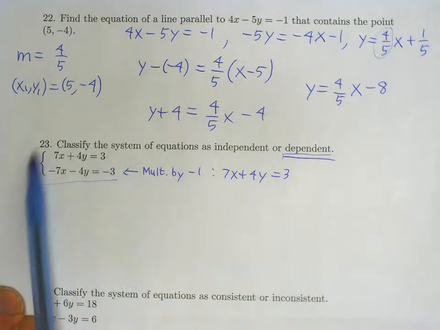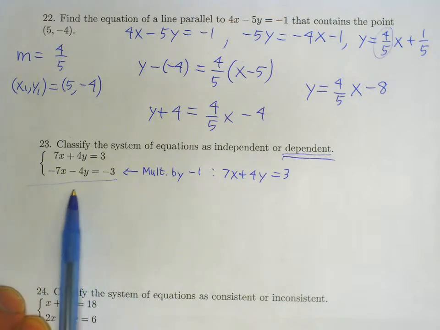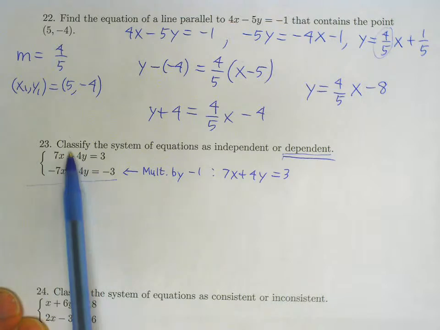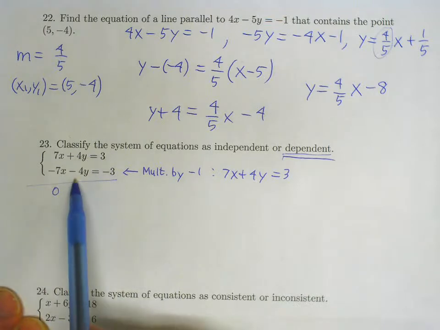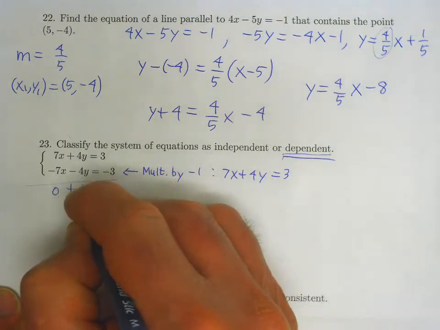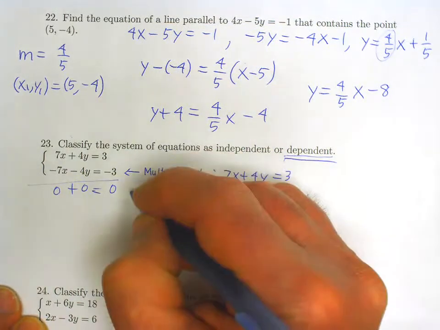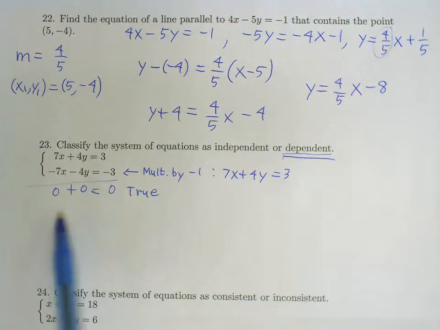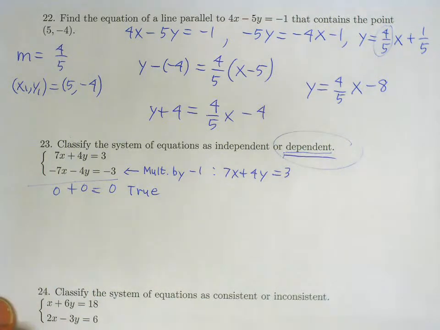So with this system, if you apply the elimination method, this is all set up to just add the two equations. 7x plus negative 7x is 0, and 4y plus negative 4y is 0, so 0 plus 0. The right-hand side, 3 plus negative 3 is 0. So that's certainly true. Both variables are eliminated, and the resulting equation involving numbers is true, so that means dependent.